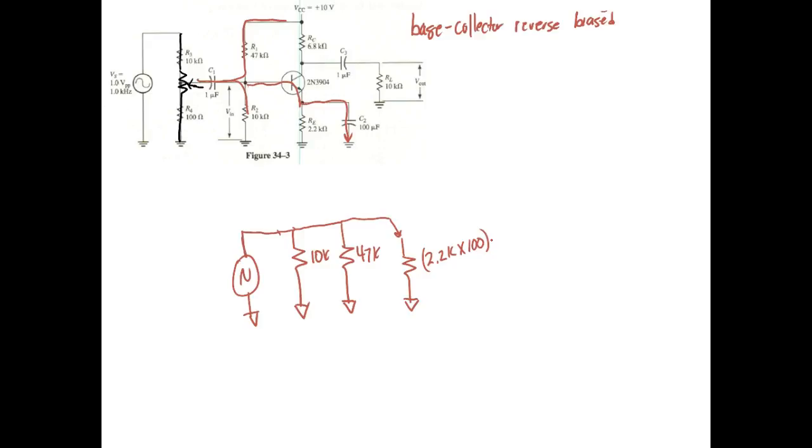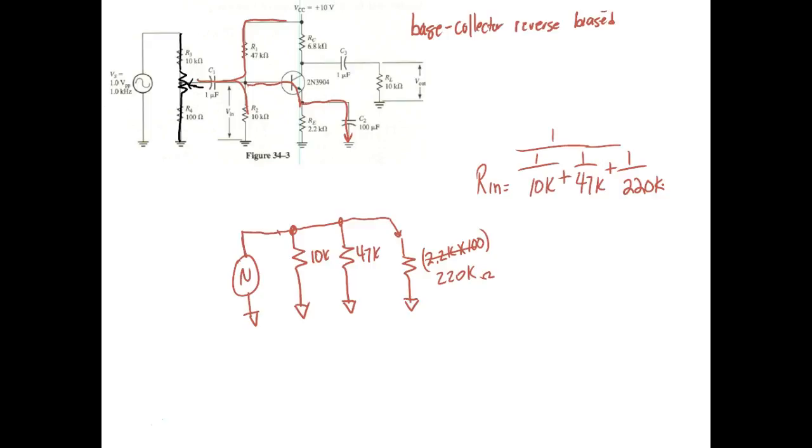So instead of using 2.2K, I'm going to use 220K. So my RN would be equal to 1 over 10K plus 1 over 47K plus 1 over 220K.